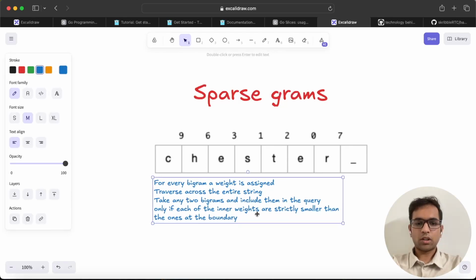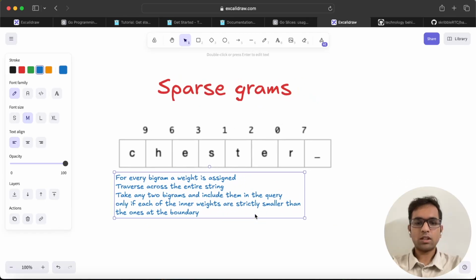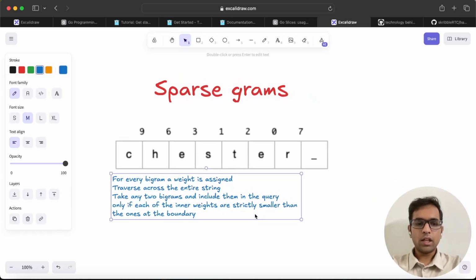Right, so this is very important. So they take any two bigrams and include them in the query only if each of the inner weights are strictly smaller than the ones at the boundary.